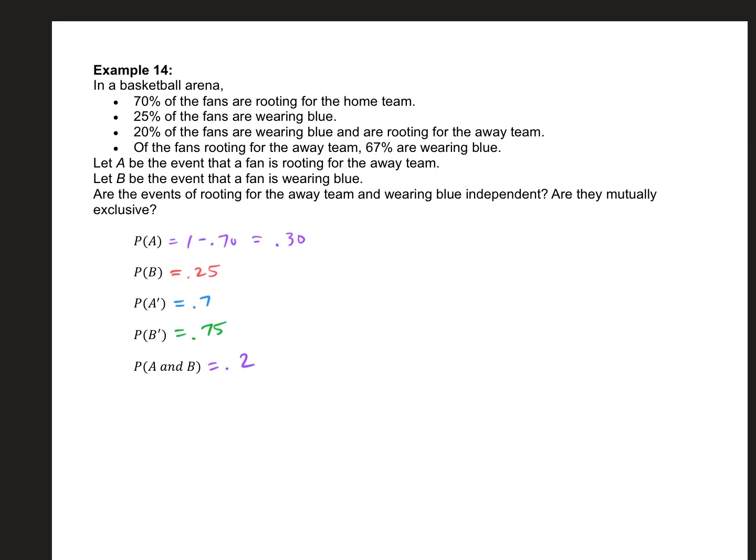0.2. All right. So to find independent, what do we check? Probability of A times probability of B. Does it equal probability of A and B? So 0.3 times 0.25, and that gives me 0.075.